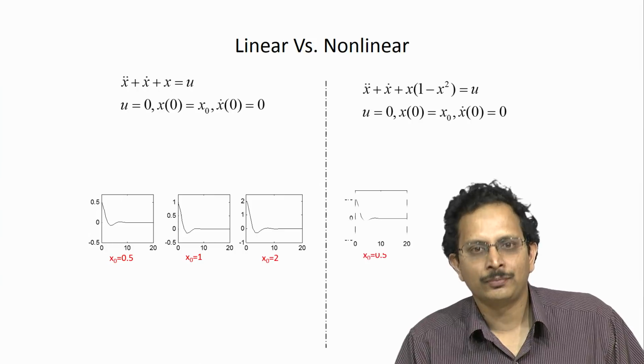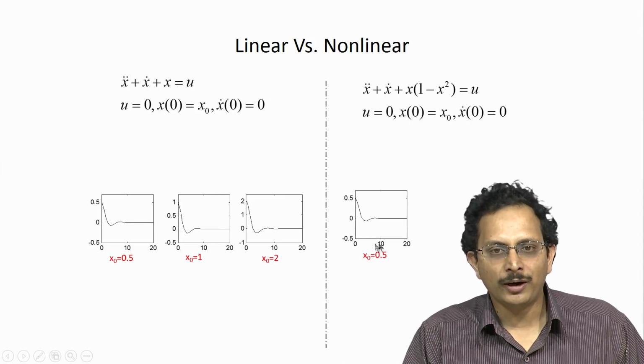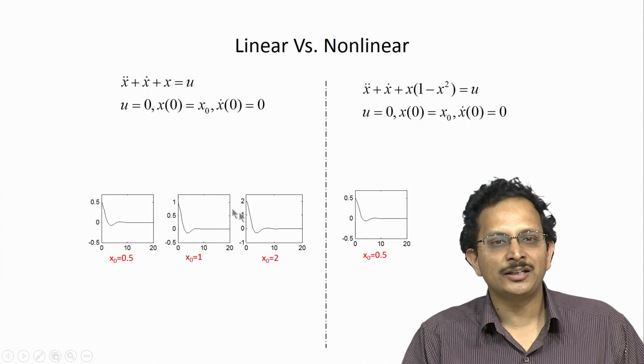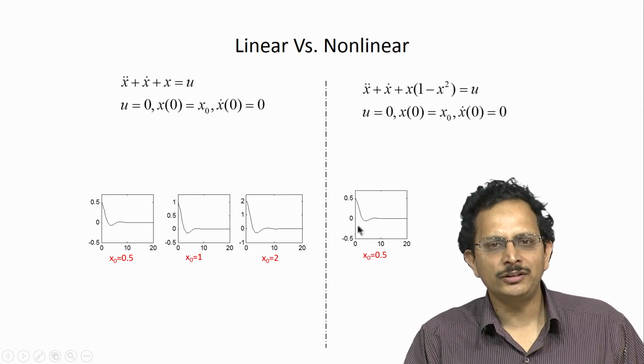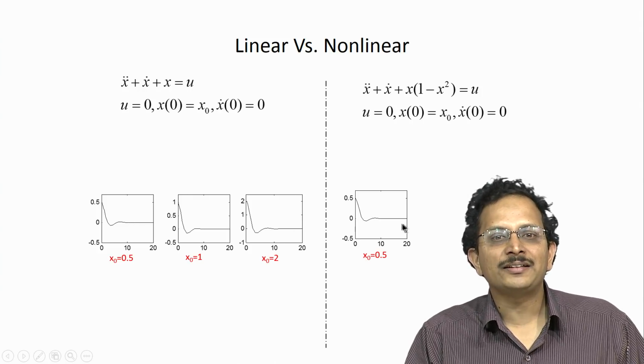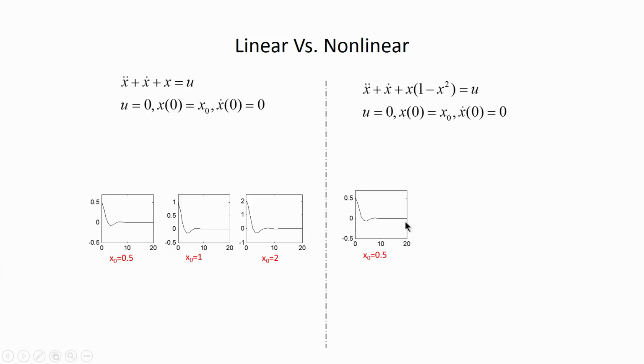On the other hand, let us say we were to repeat the same experiment in the case of the nonlinear system. When we have x naught equal to 0.5, in other words the same initial condition as for the linear system, we see that the way that the system decays to 0 is very similar to that of a linear system. However, if I were to bring the initial condition close to 1, I have not made it exactly 1, I have made it x naught equal to 0.999, very close to 1. We see that already there is some difference.